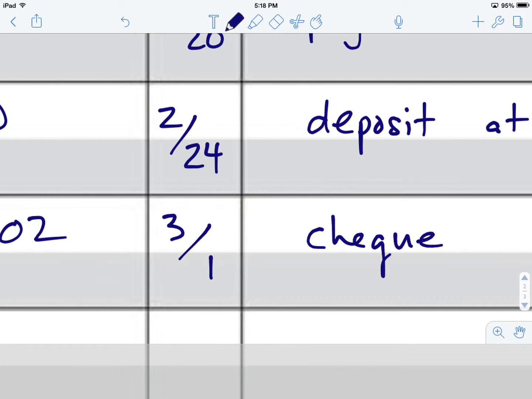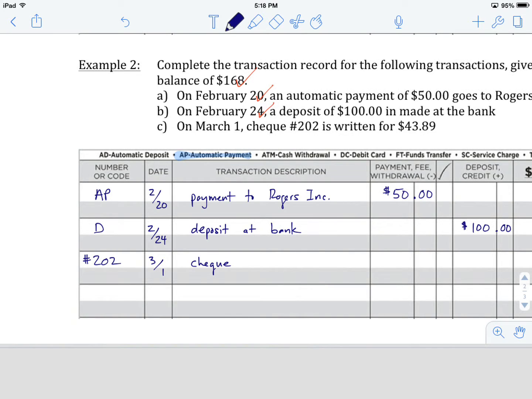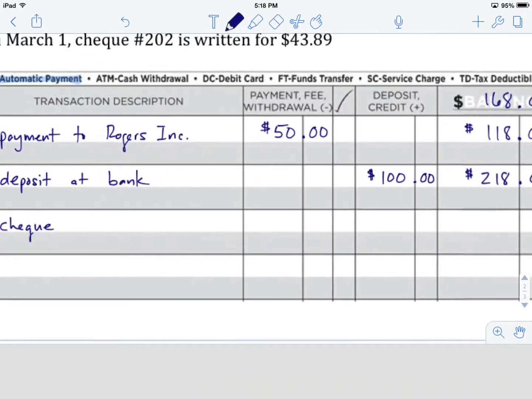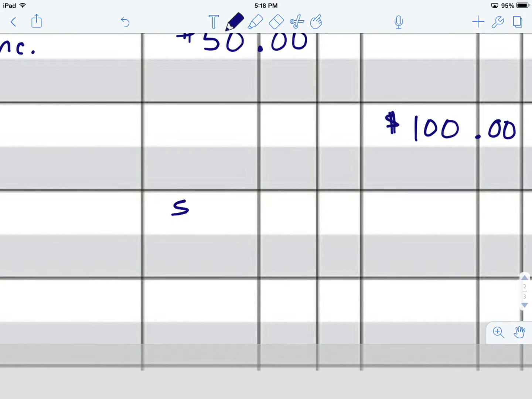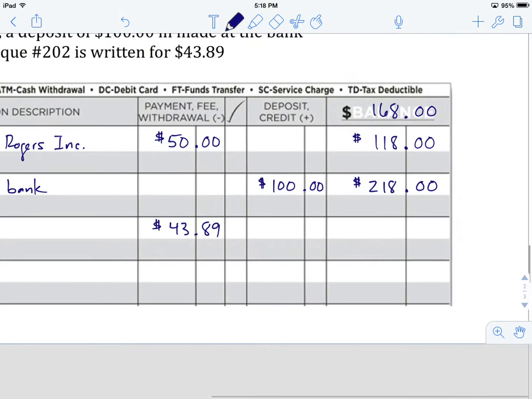And again, we don't have a lot of information about who the check was written to other than the amount, so we'll just leave it as a check, and we are going to make sure we get this in the leaving our account column, so that's $43.89, and we are going to go to the end of the line to balance that.